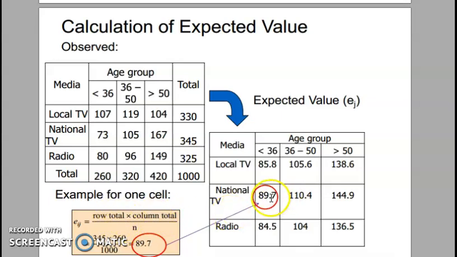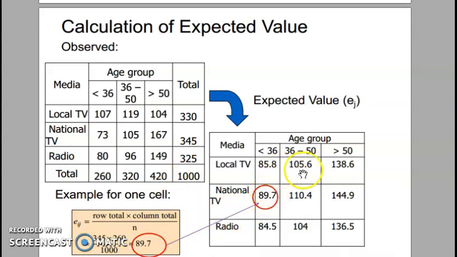The total in row 2 is, if you see this is row 2, 345. Then multiply with the total in column 1, which is 260. So 345 multiplied with 260 divided by the grand total n, which is 1000. That's how you get 89.7.